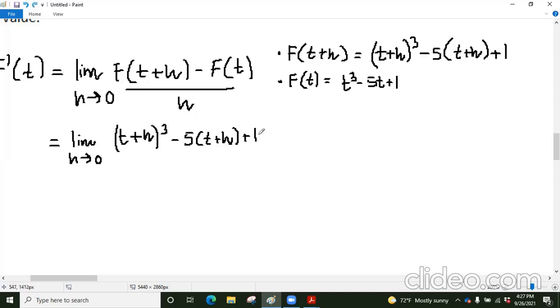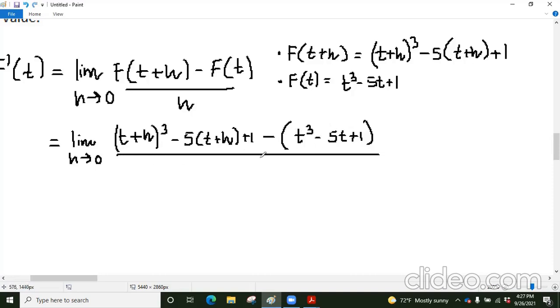And actually, this was only f of t plus h, but we want to extend this further and do minus f of t. So we're going to do minus t cubed minus 5t plus 1. You actually want that bracket there because all these are going to end up interfacing with this negative, and so you want to ensure that you're taking that fact into account.